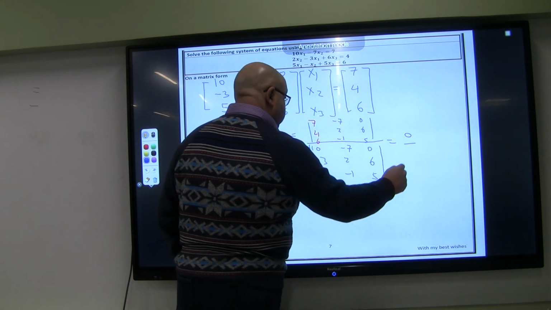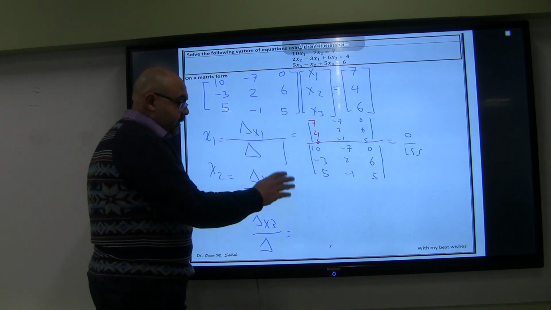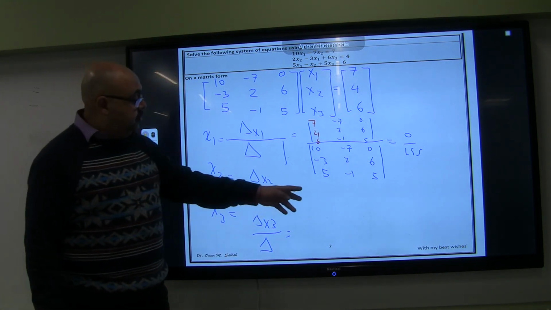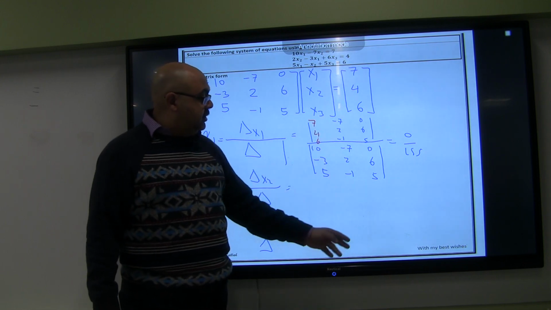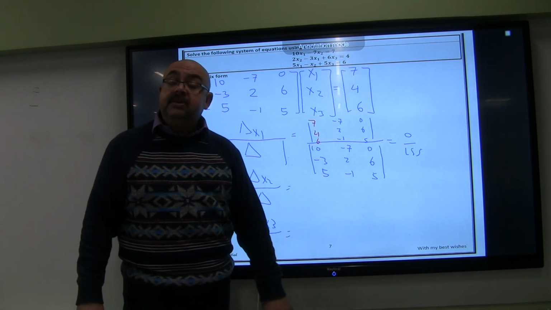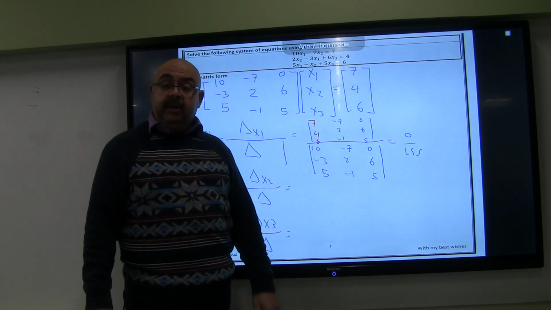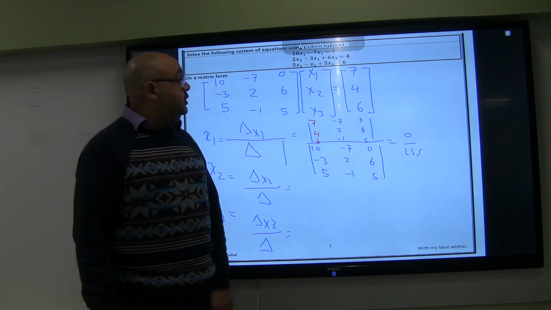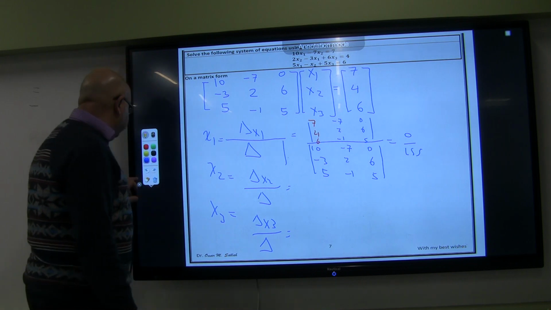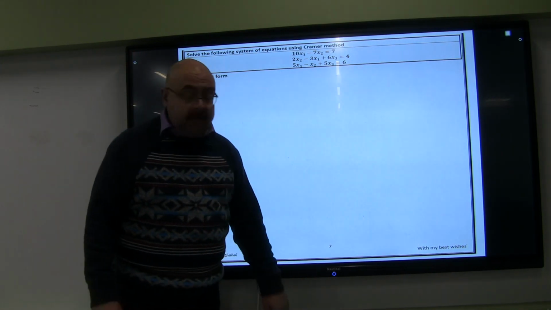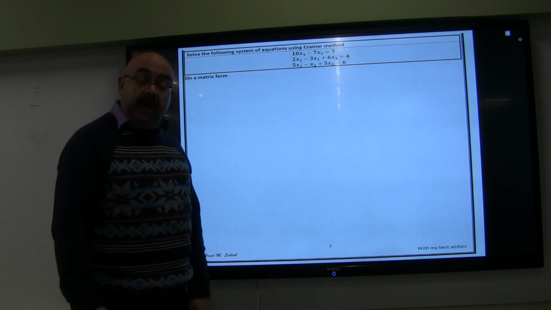This is going to be 155. Similarly for the second and third: I replace the second column by 7, 4, 6, and the third column by 7, 4, and 6. I've already solved a problem like this in the previous video, so just watch it. I believe with this problem we come to the end of our revision for today.